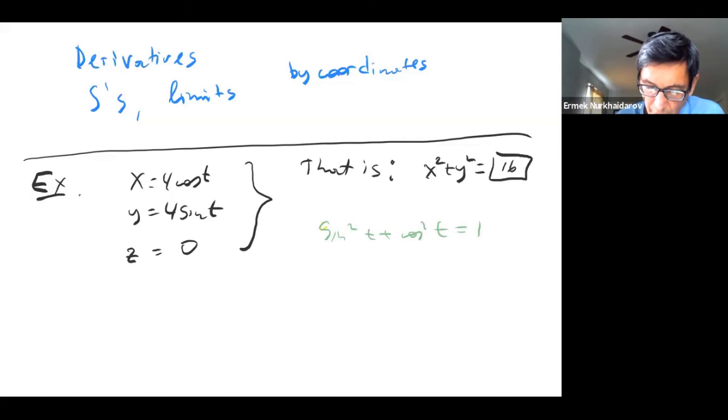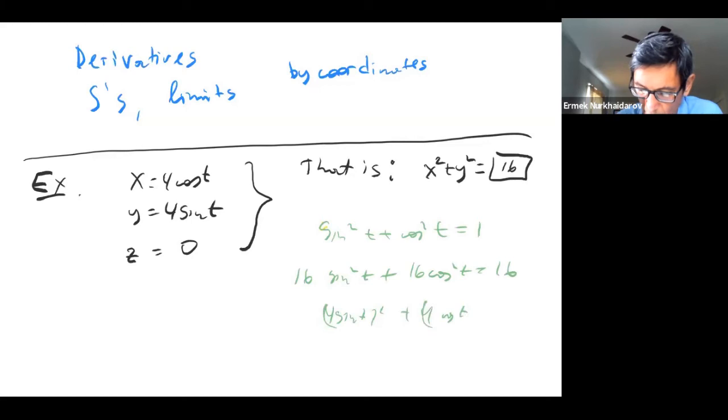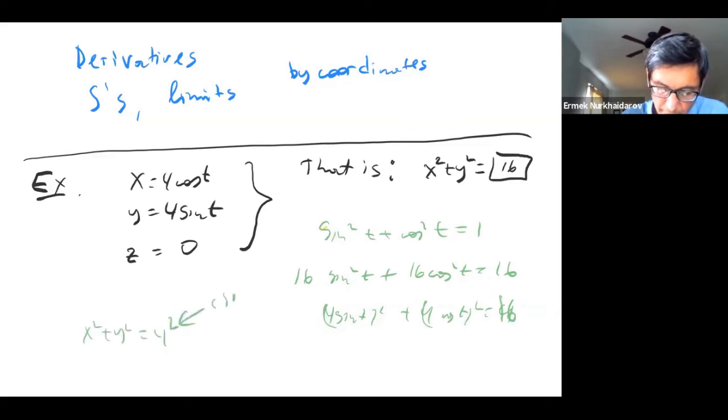And you multiply everything by 16, so we get 16 sine squared t plus 16 cosine squared t equals 16. And that is 4 sine t squared plus 4 cosine t squared equals 16. So x squared plus y squared equals 16. So that is it.